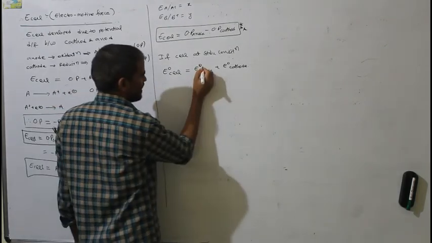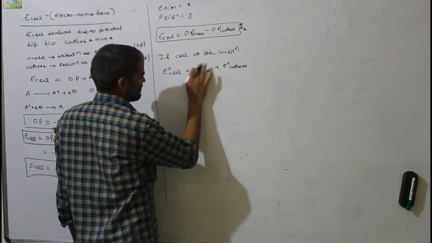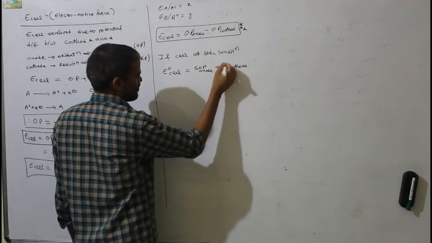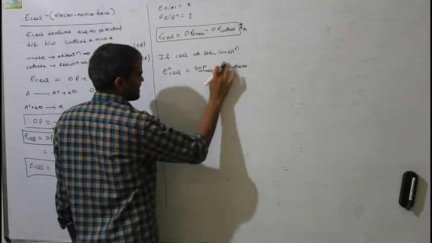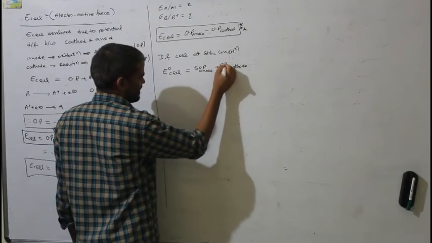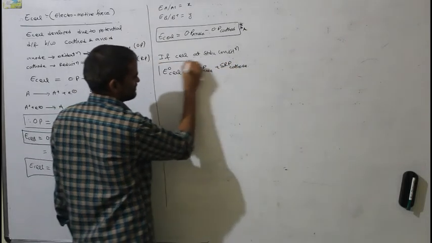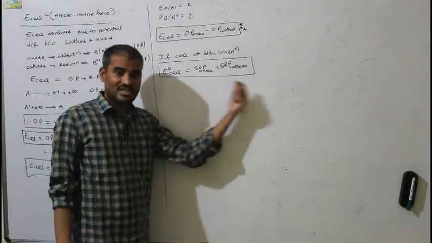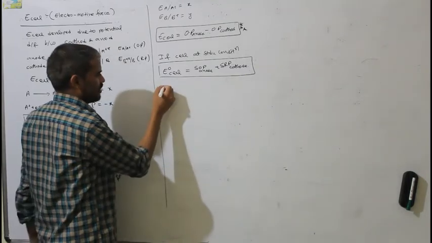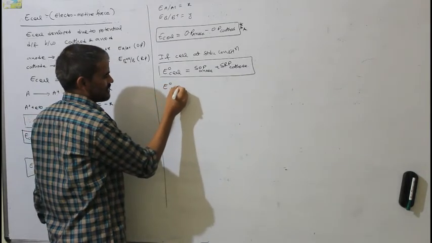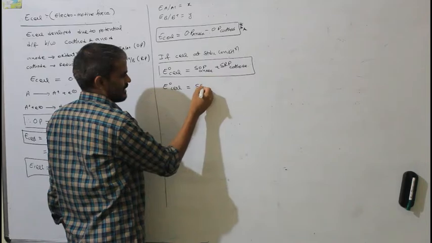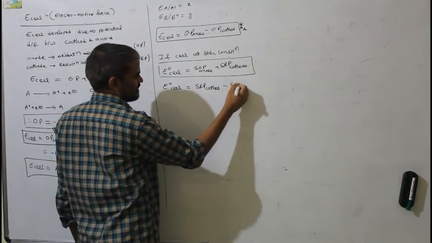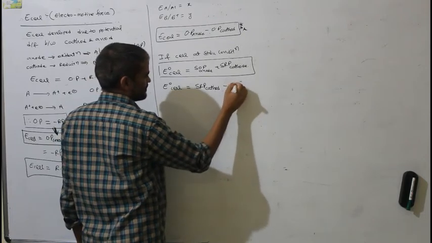What is this? E naught OP, SOP I will write otherwise. Instead of E naught, we will write SOP of anode plus SRP, standard reduction potential, of cathode. This is one formula. If both reduction potential values are given, it becomes E naught cell is equal to SRP of cathode minus SRP of anode.